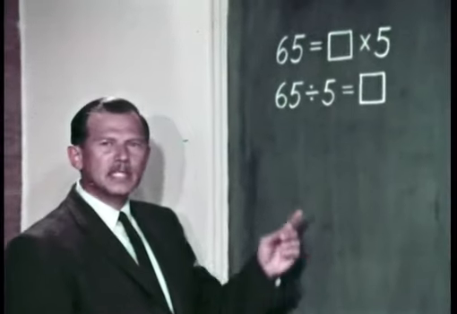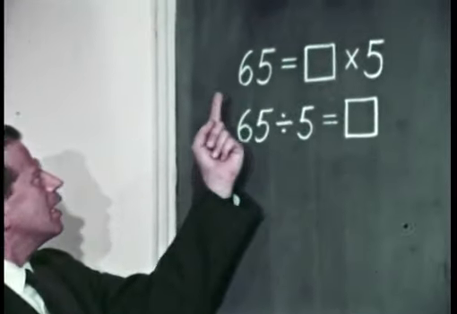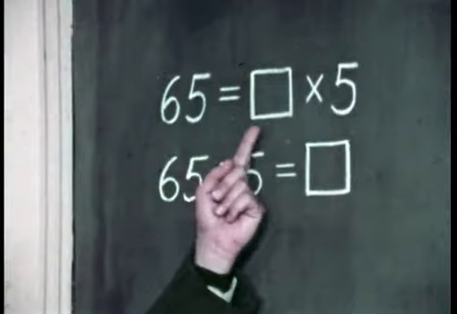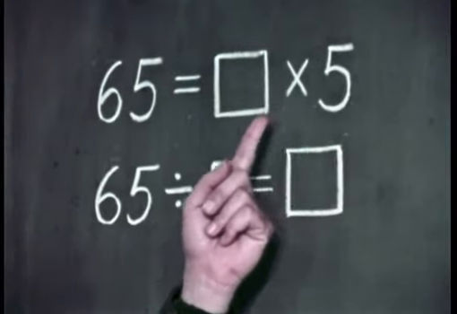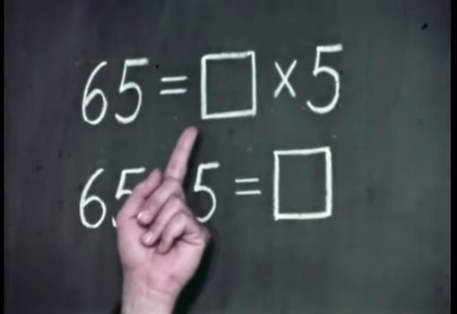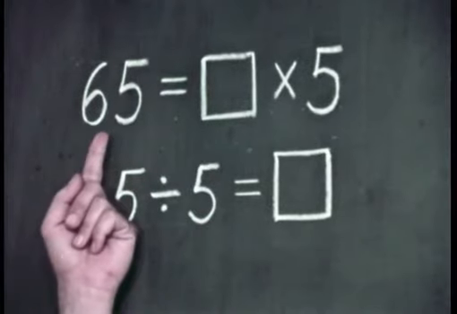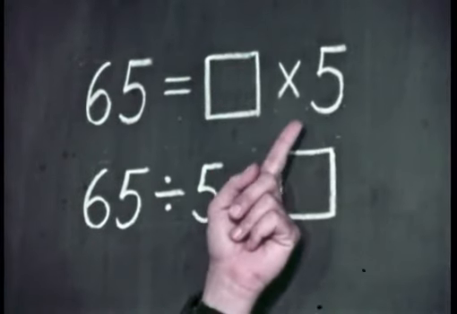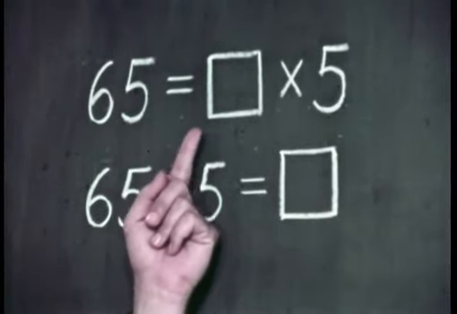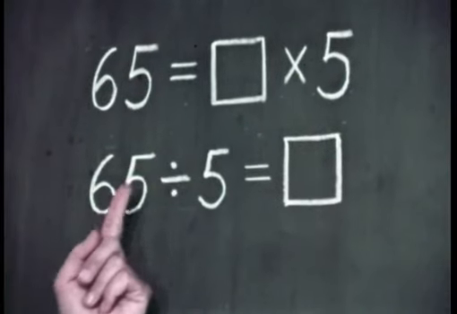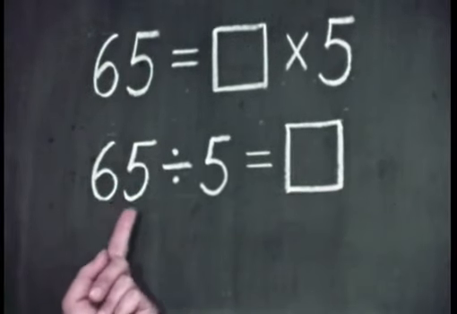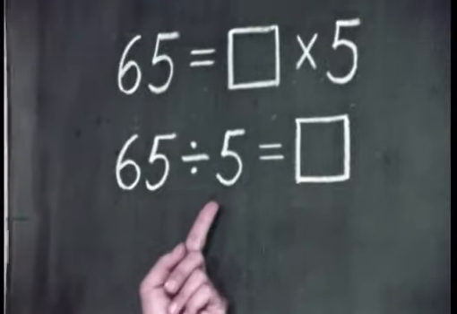The question might be expressed this way. 65 is how many 5s? Here we have a missing factor. Recall that the product divided by the given factor is the missing factor. In this case, it's the quotient of 65 and 5.